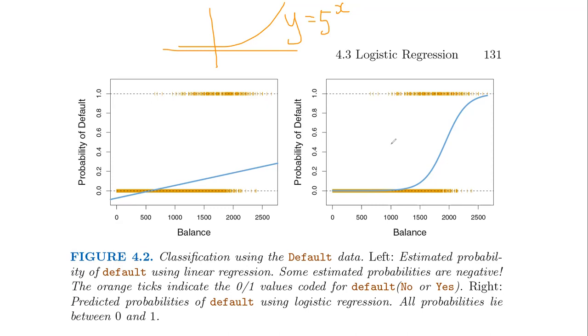Now, if you had to invert that, you invert an exponential relationship using a logarithmic relationship, and that would be log base 5 of x. So 5 to the power of x and log base 5 are each other's inverse.